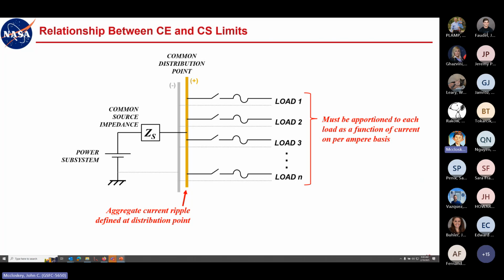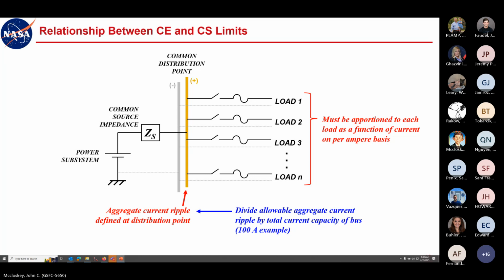So we'll apportion this aggregate current ripple, on a per ampere basis, to get an individual limit for each load. And so to do that, you divide that total allowable aggregate current ripple by the total current capacity of the bus. I'm going to use 100 amps as an example here. It makes the math easier, but it's also in the ballpark of a typical mission.